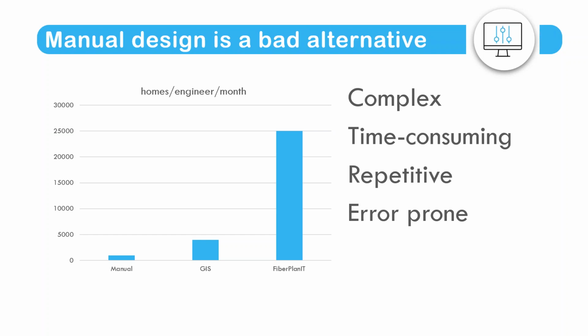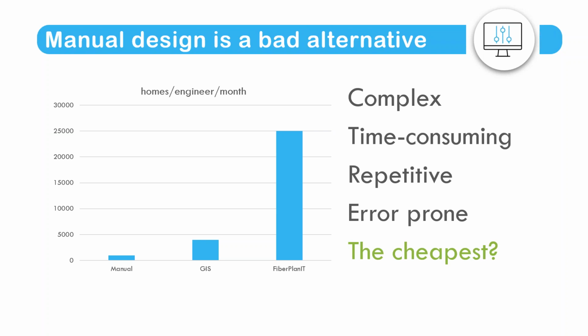Because of all of these factors, it's quite likely that there will be some smaller errors in your plan, which can have a big effect if it's only discovered at later stages, maybe even only when you want to activate a customer. So this can have huge cost implications on your project.